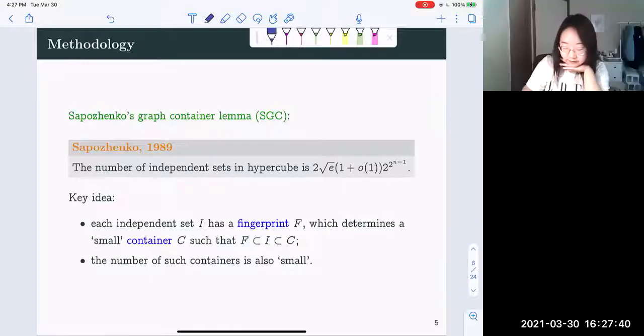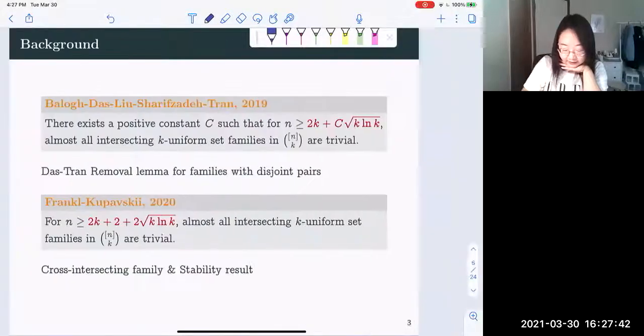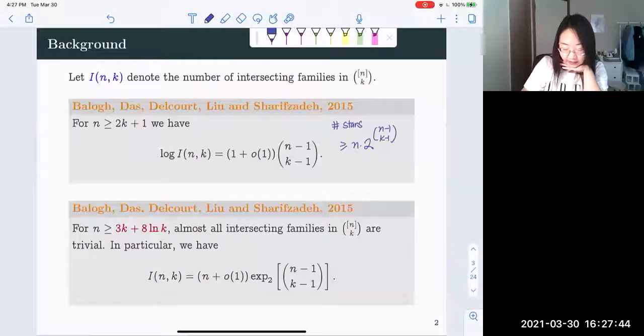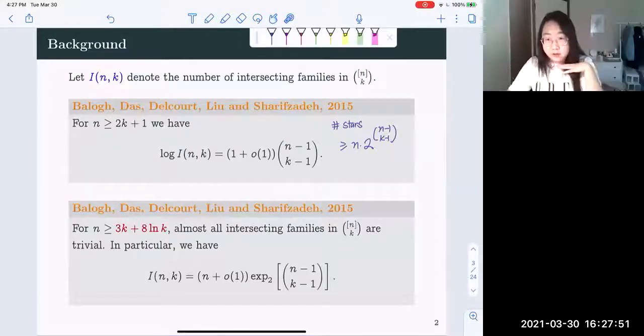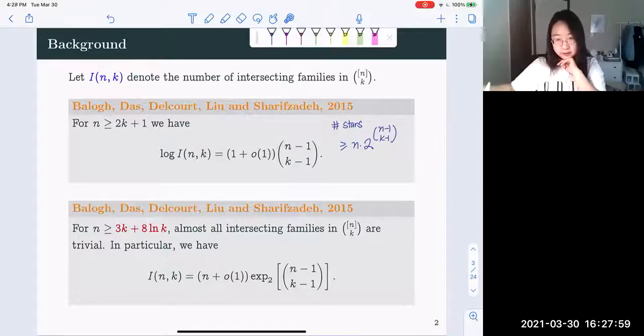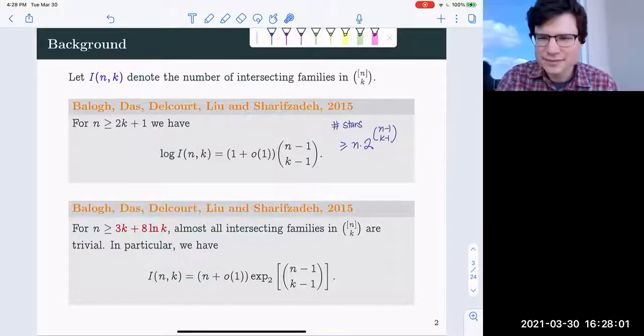So that's a very nice question. And indeed, the very first result, this one, they use the graph version of the container method. This Sapozhenko method, they all call it the container method, but it's actually quite different from Kleitman's container and the hypergraph container.